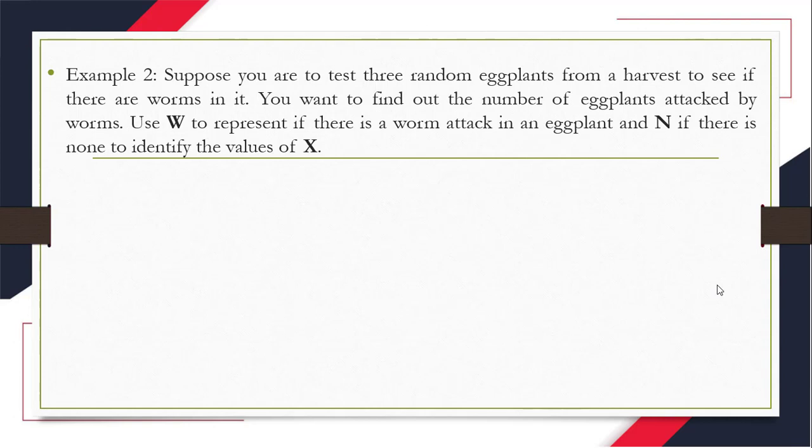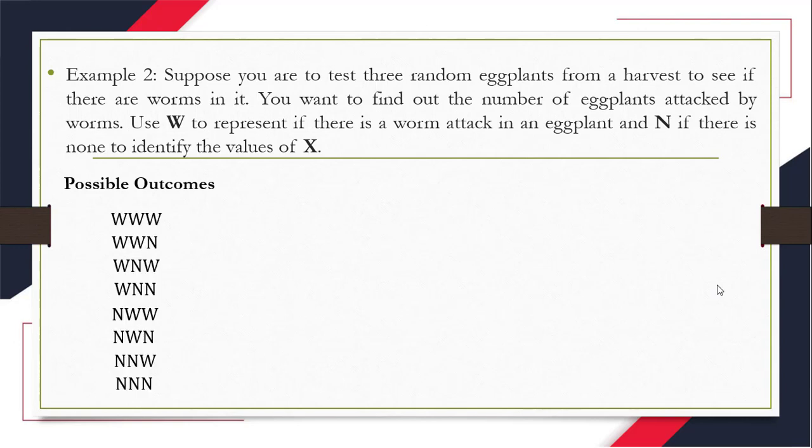Use W to represent if there is a worm attack in an eggplant, and N if there is none, to identify the values of X. To illustrate our probability distribution, the possible outcomes would be WWW, WWN, WNW, WNN, NWW, NWN, NNW, and NNN.